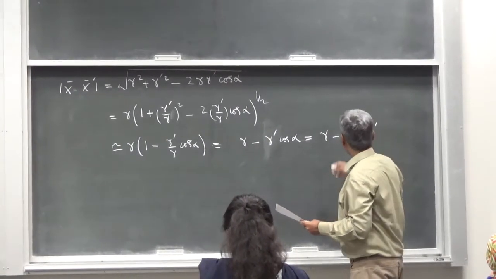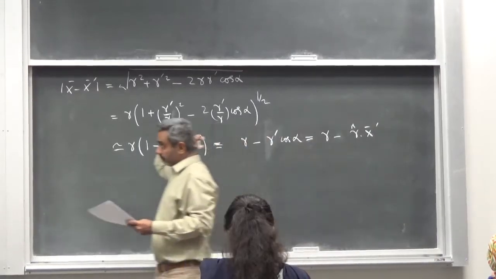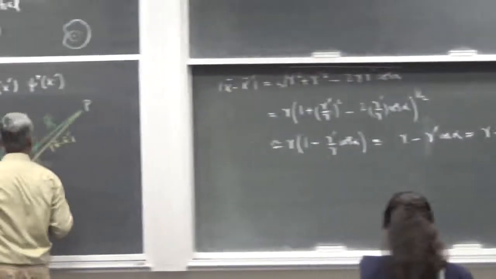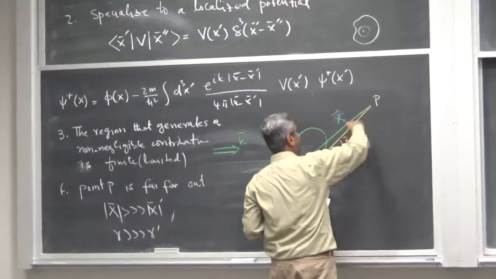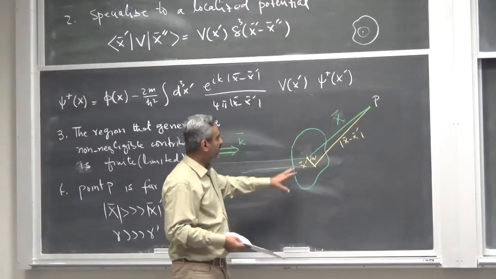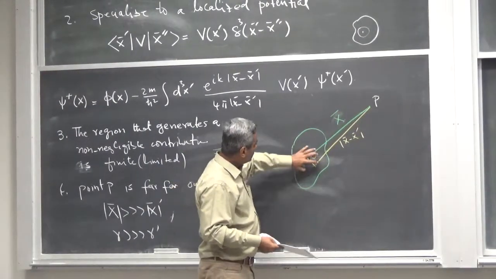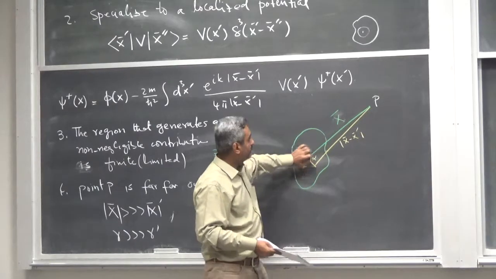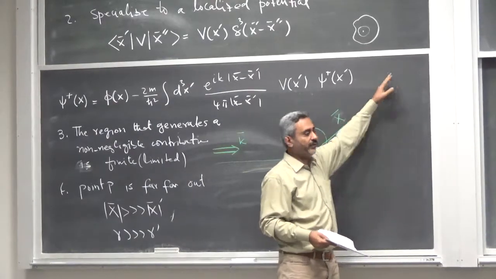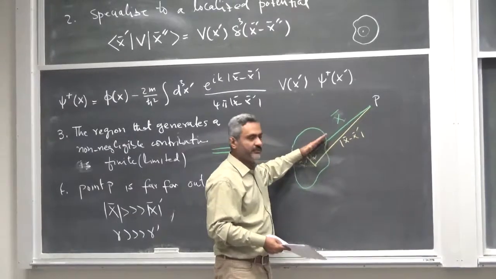So now we're going to define this, the direction that we're being scattered in. You can see that if this thing is really small and this thing is infinitely far away, all of these vectors are actually parallel.